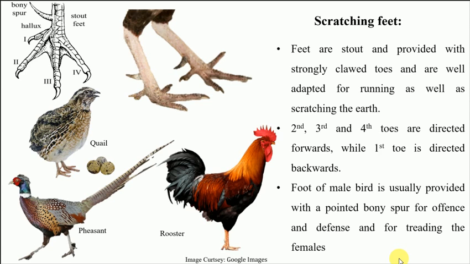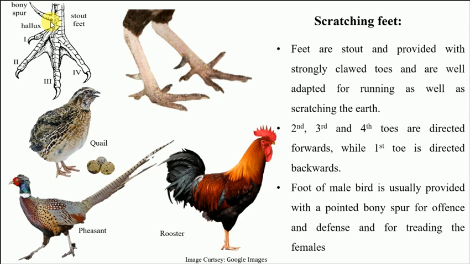The foot of the male bird is usually provided with a pointed bony spur for offense and defense and for treading the female. So this is a sexually dimorphic character you will find among the male birds. They are provided with such a bony spur on the leg. So here in the diagram you can see the bony spur.